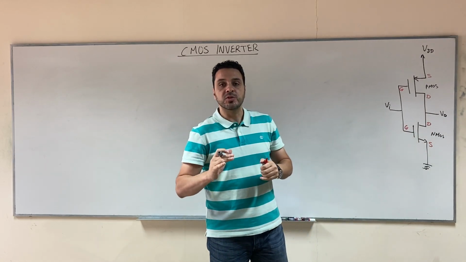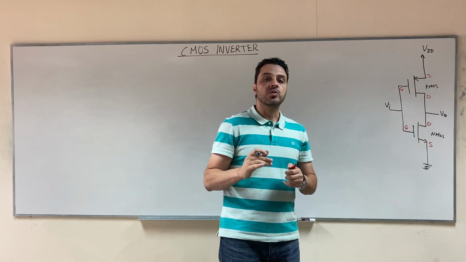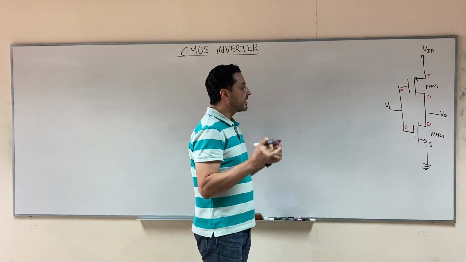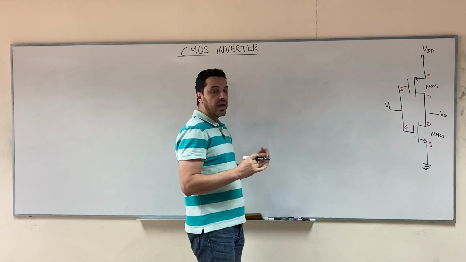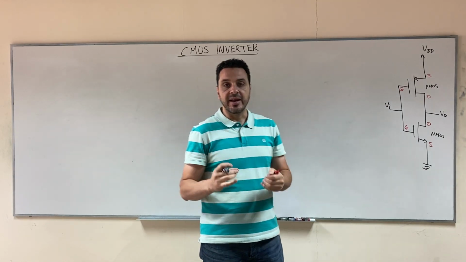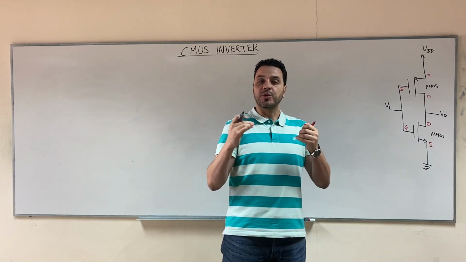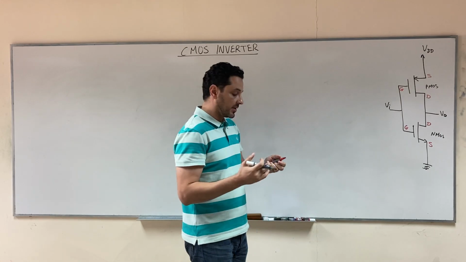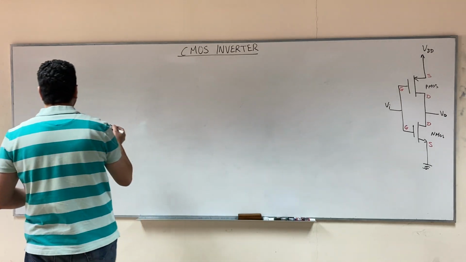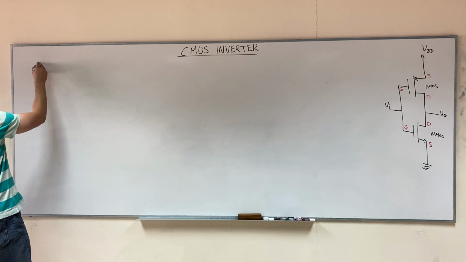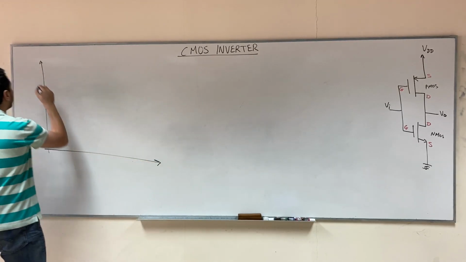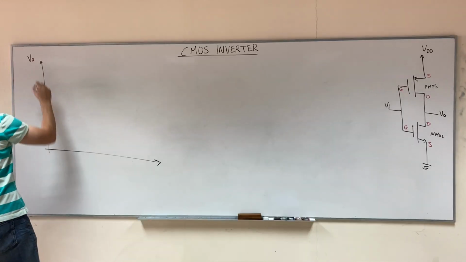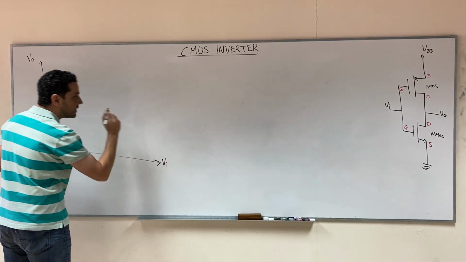The purpose of this lecture is to draw the characteristics, the transfer function between the input and the output of this circuit, and to show that the relation is the same or very similar to an inverter. So the purpose of this lecture is to plot eventually a relation between the input and the output.